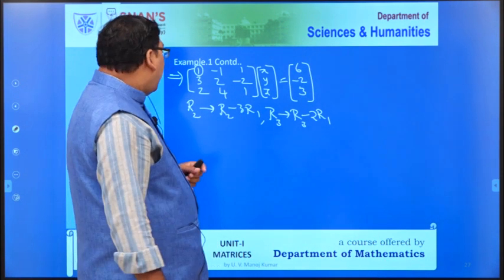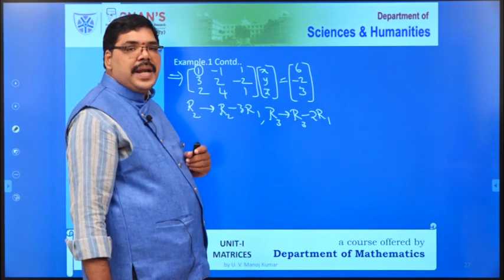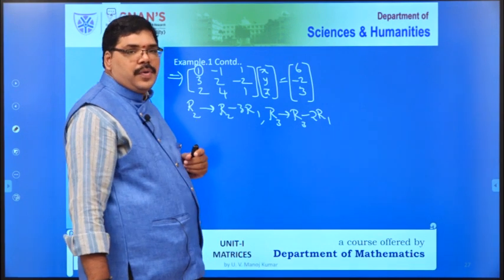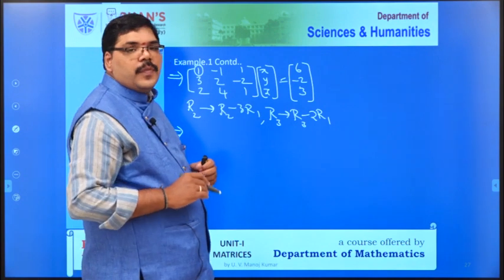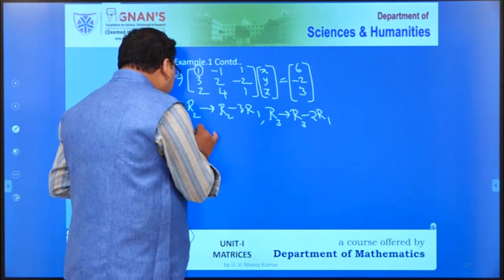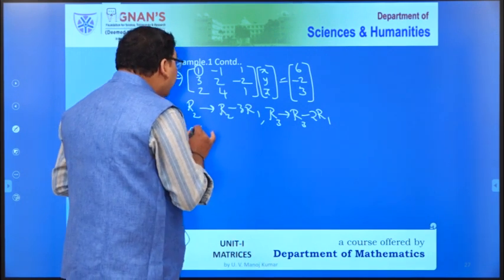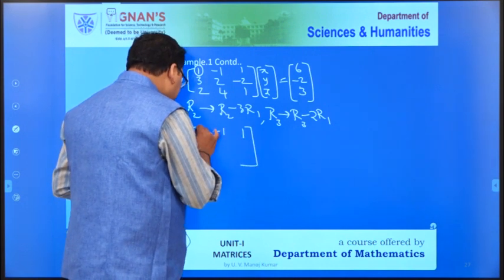So after writing the given system of equations into matrix form, we will reduce this into echelon form. After applying these row operations, the result will be like this. We are not changing the first row. 1, minus 1, 1 will be as it is.